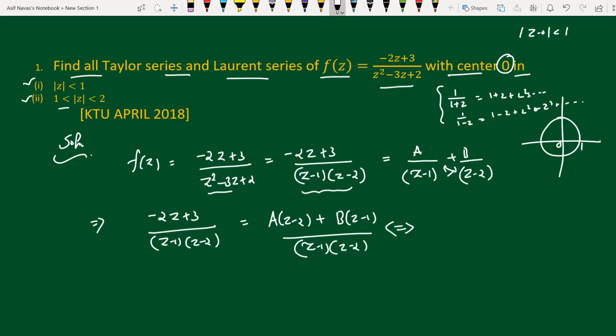The denominators are equal, so the numerators must be equal, because the right and left hand sides are equal.